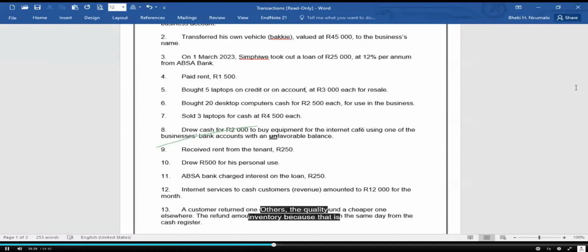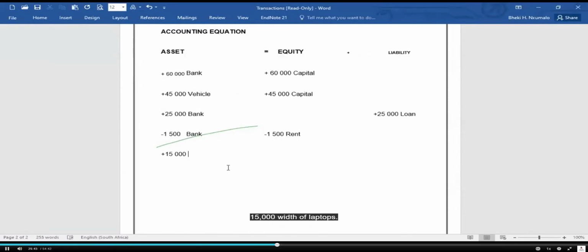So in other words, I'll take my next transaction here. All right, this plus, he bought 15,000 worth of laptops, or somebody can write stock, you're welcome, or others can write laptops.